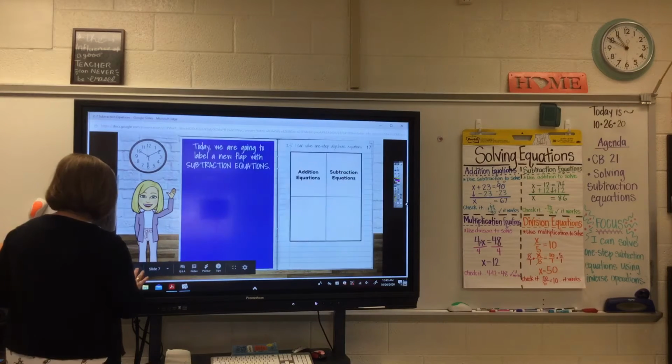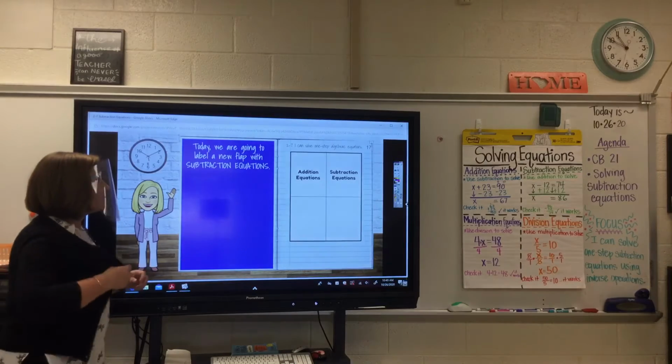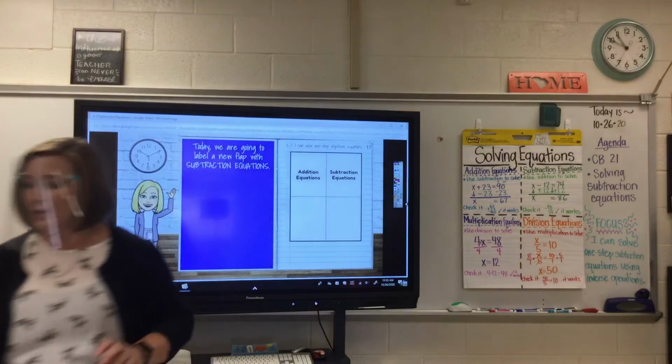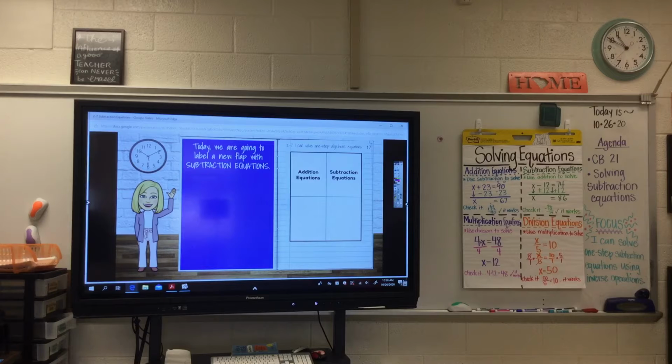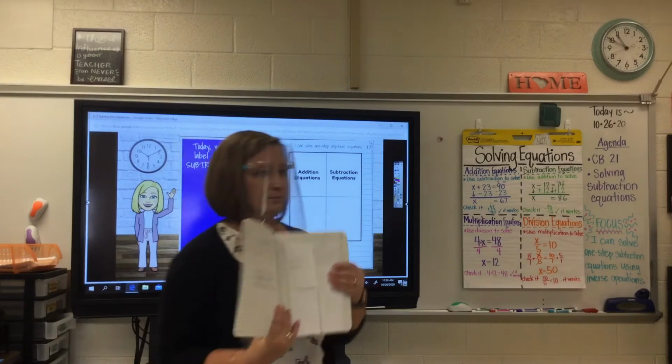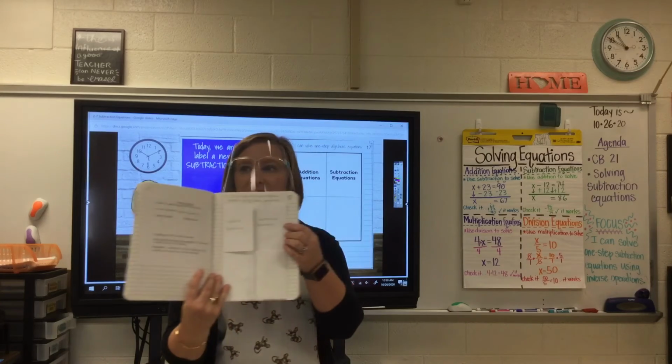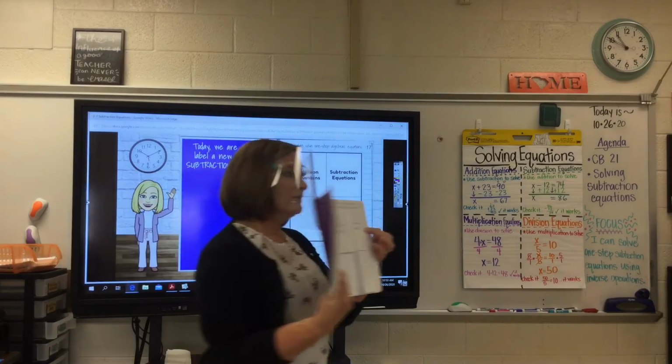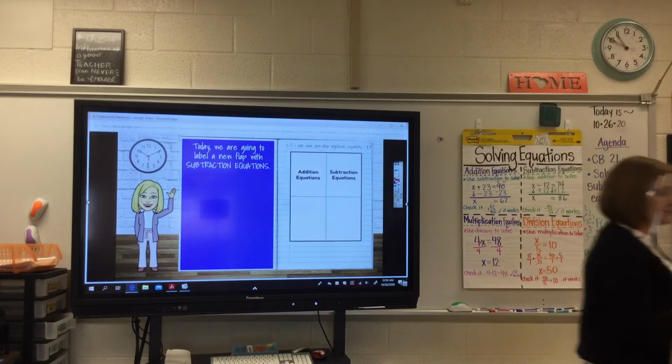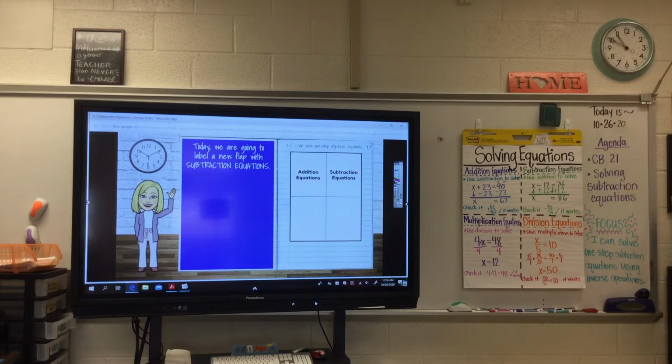Addition. What I want you to do in your notebook, on your foldable, is label the top left flap with subtraction equations.